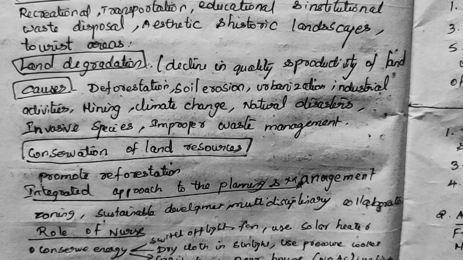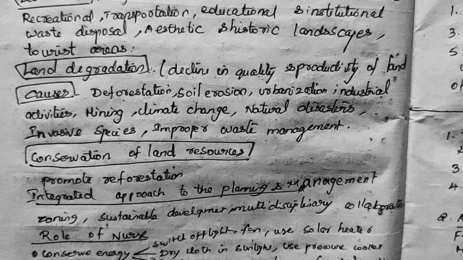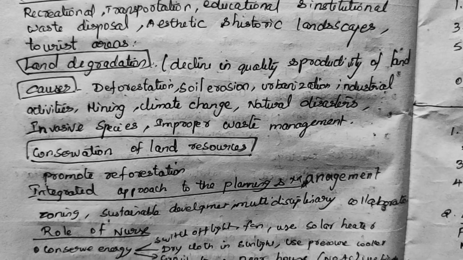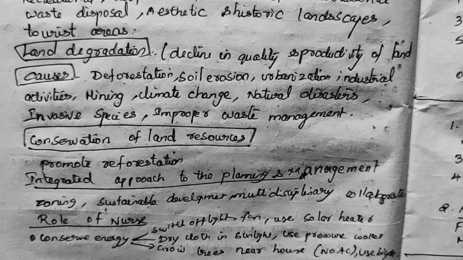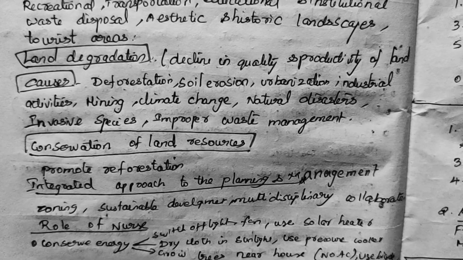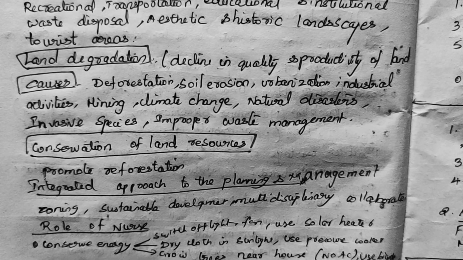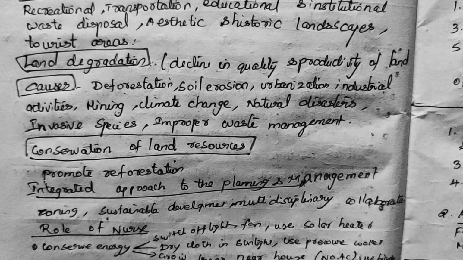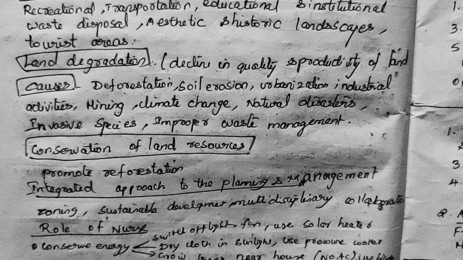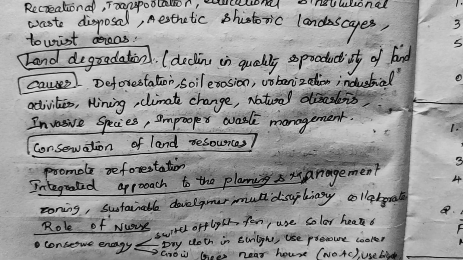And then land degradation, a decline in the quality and productivity of land. And what are the causes of the degradation? Deforestation and soil erosion, urbanization, industrial activities, mining, climate change, natural disasters, invasive species, and improper waste management. So these are all the causes of land degradation.